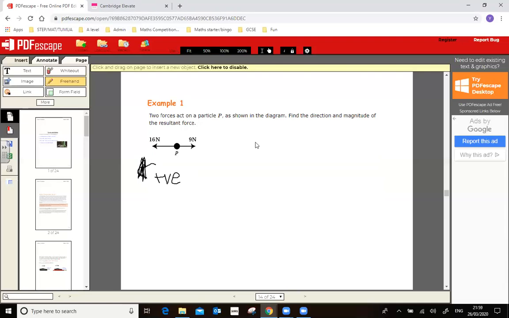Okay, so the resultant force would be 16 Newton, which is positive because we have assumed left-hand side is the positive direction. But when I add the 9 Newton, now be careful here, I'm not just adding 9 Newton, I'm actually adding negative 9 Newton, and that is because 9 Newton is acting in the opposite direction to what we have assumed to be the positive direction.